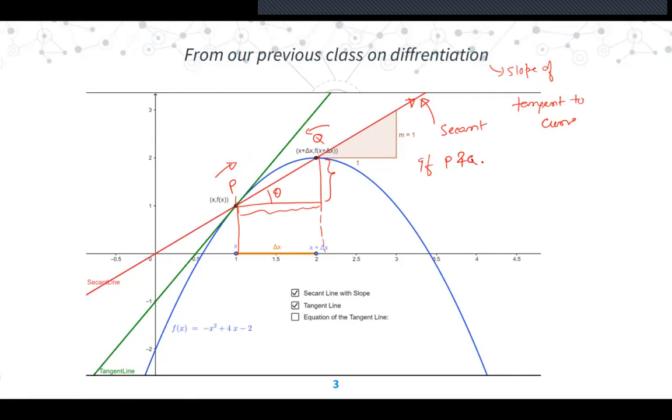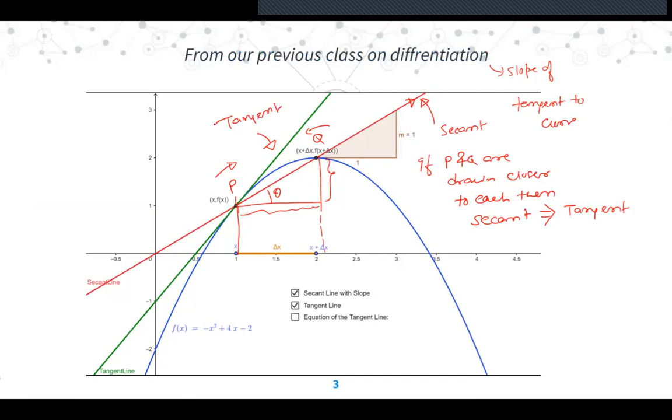If P and Q are drawn closer to each other, then secant is equal to tangent. Okay. Now the slope, if P and Q converge, this green line of ours is nothing but the tangent.